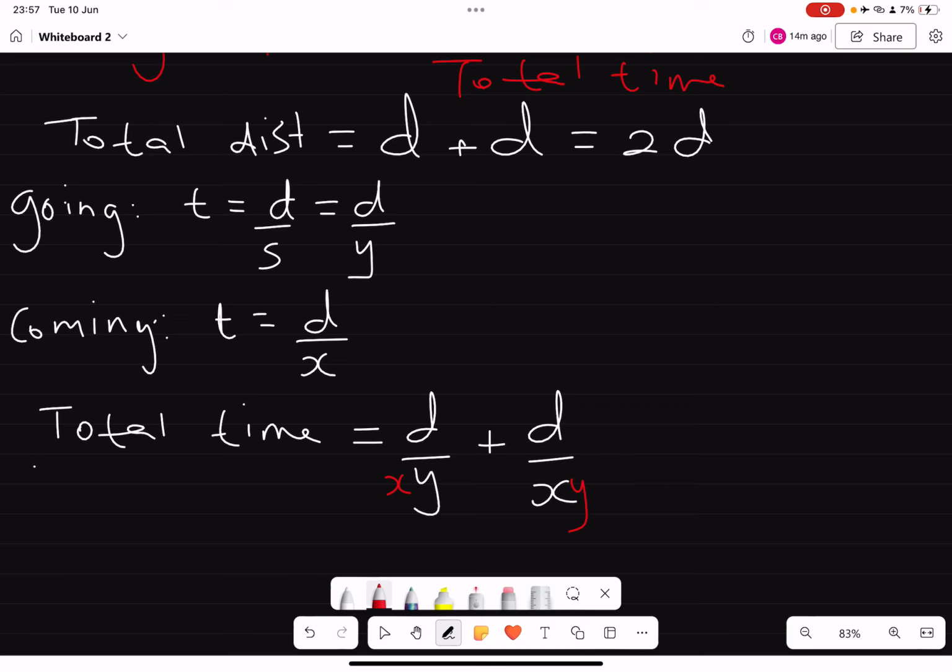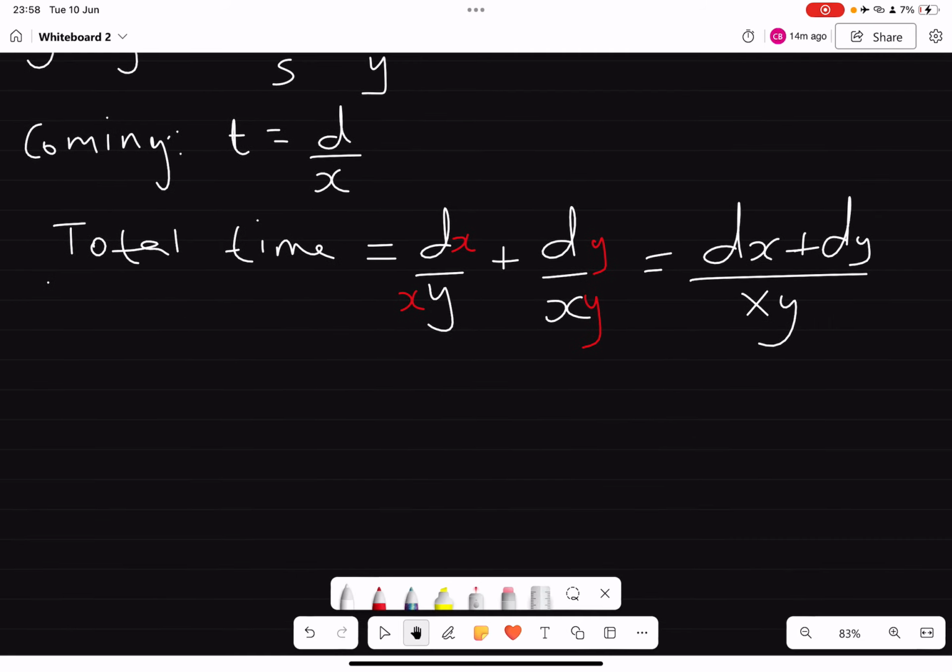Whatever I multiply at the bottom with, I must have on top. So here I'm going to have dx because I multiplied with x at the bottom. Here I'm going to have dy because I multiplied with y at the bottom. So we can therefore see that the total time is basically dx plus dy all over xy.